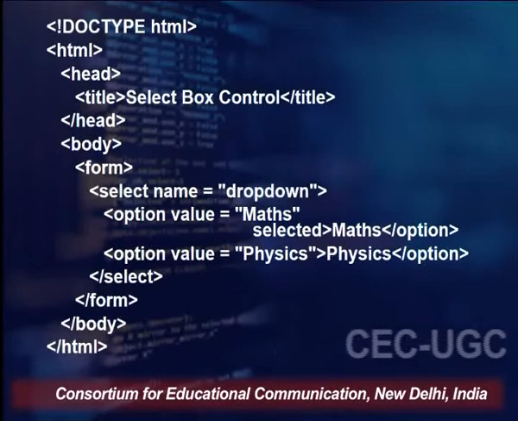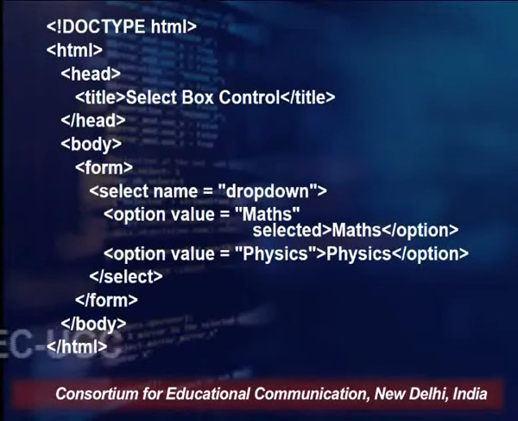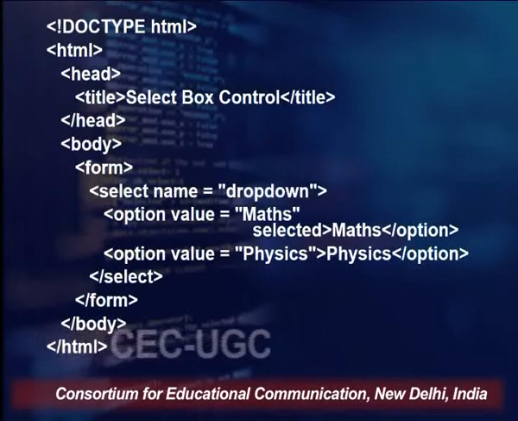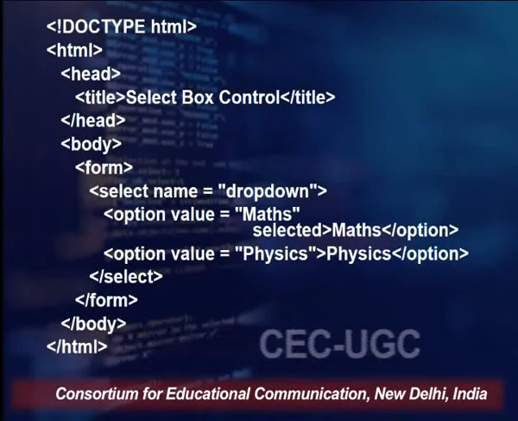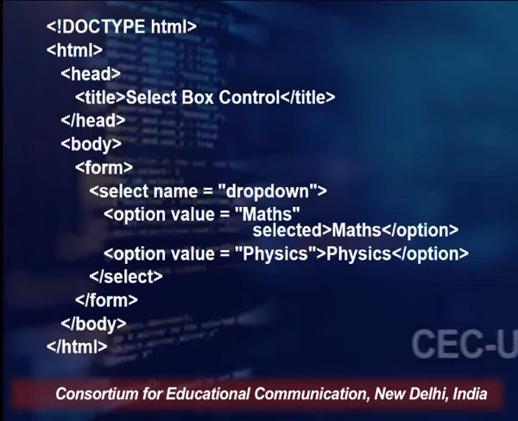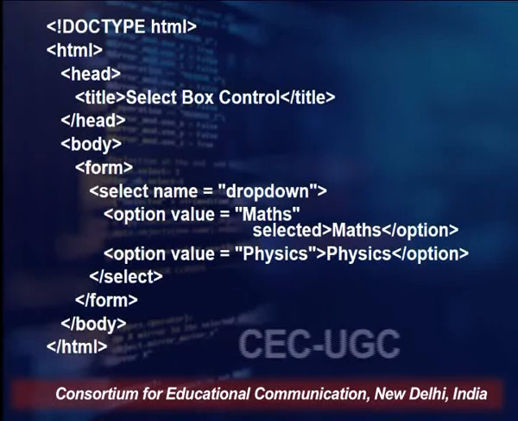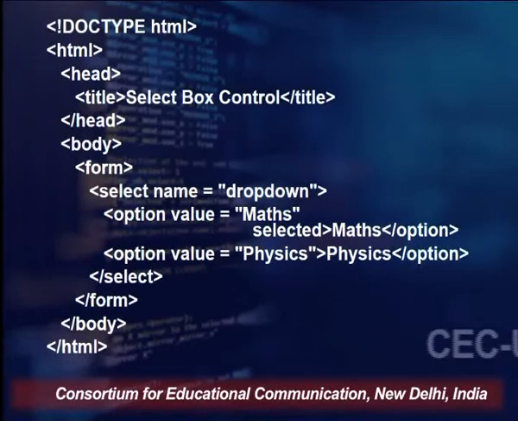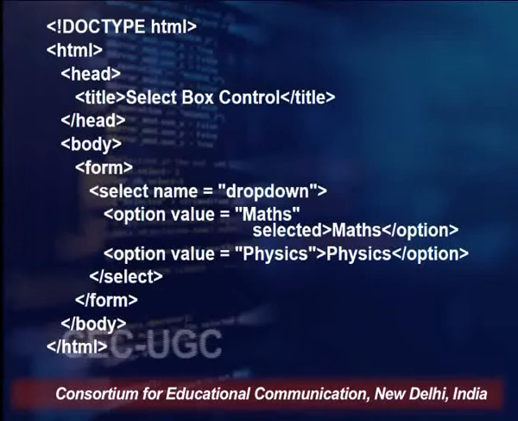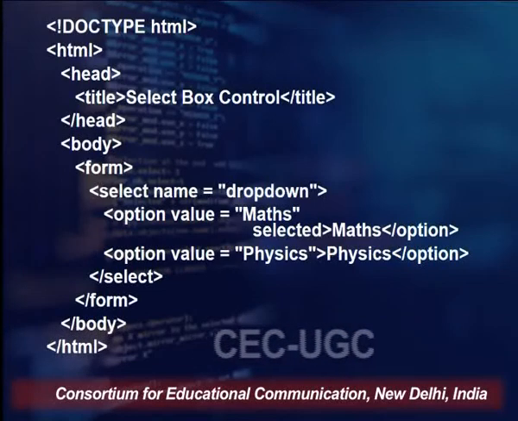Please notice there is a select opening and a select ending, and within them there are two lines of code which are options. I have given only two options here, it could be more: one is maths, another is physics. It could have chemistry, English, social science, and so on.